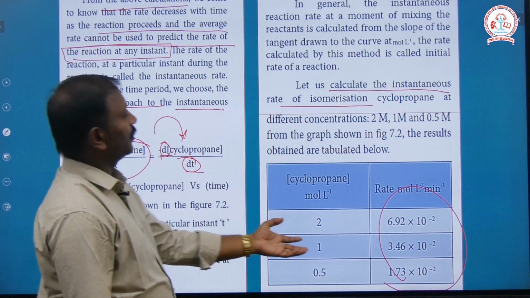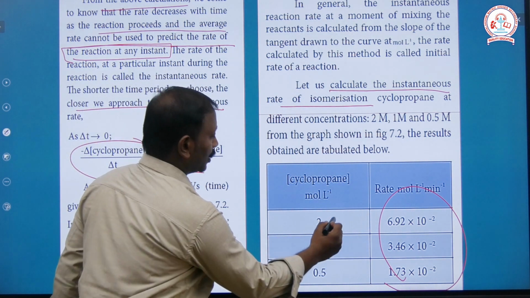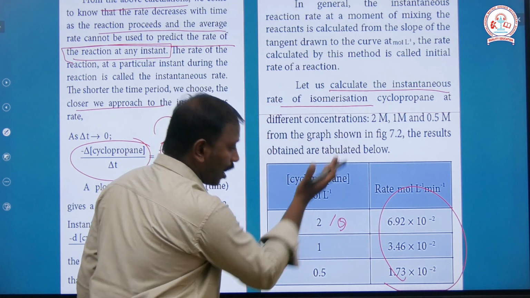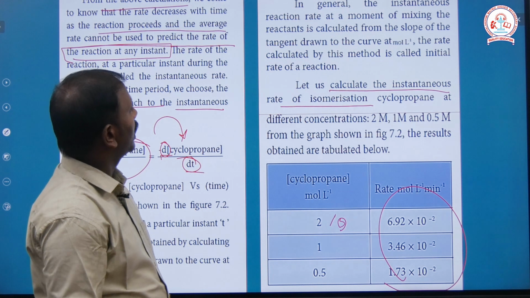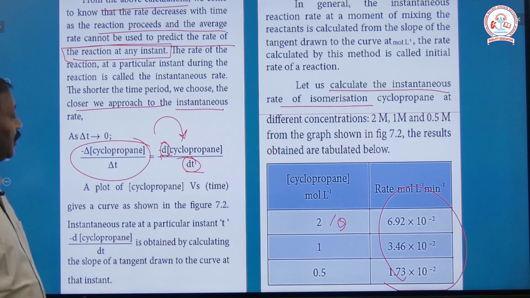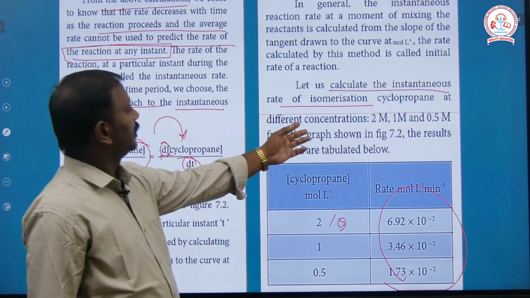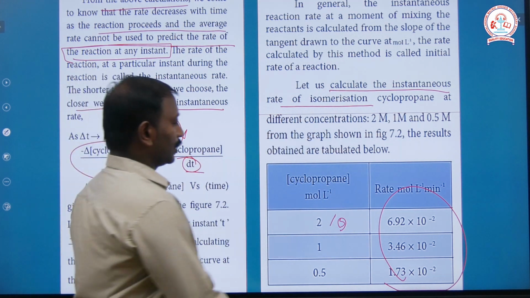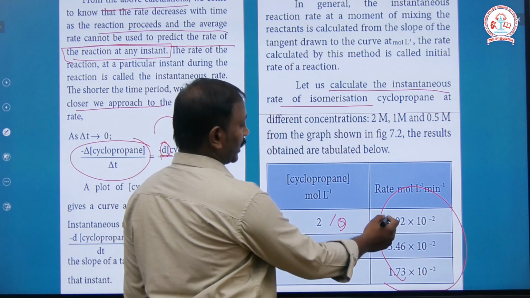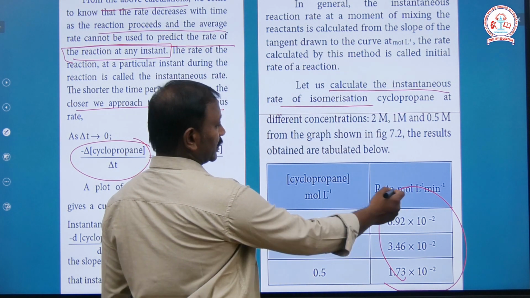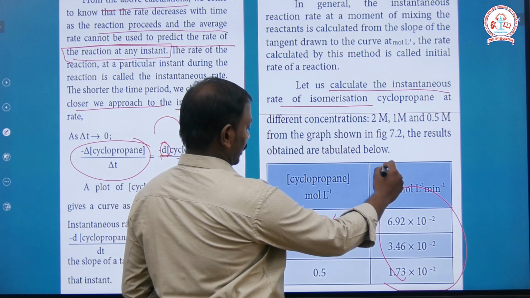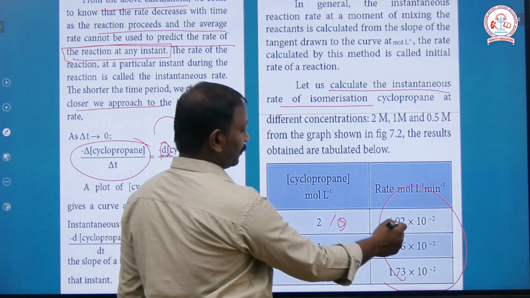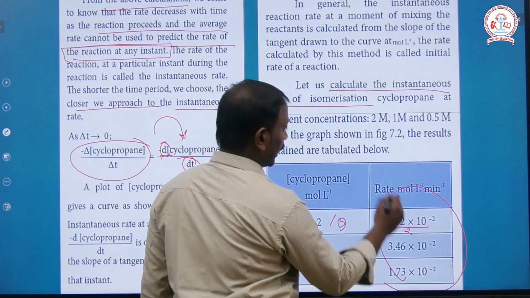For the instantaneous rate of reaction, the value decreases to half. At different concentrations the half value decreases. We find the value 6.92 and calculate the rate.